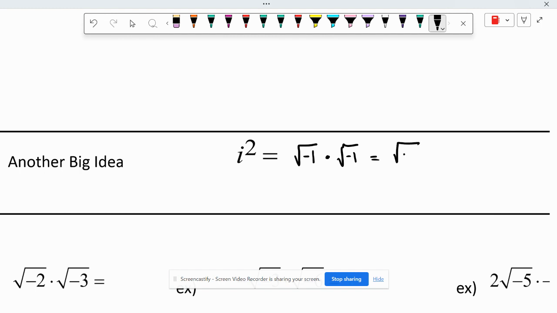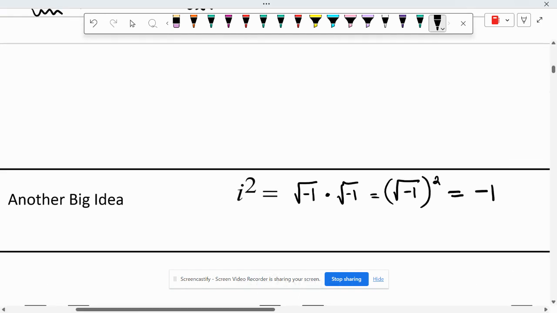Oh, yeah, it is i times i, but i is the square root of negative 1. What does that equal? I just did it on the front page. It equals negative 1. So i squared is the same thing as negative 1.